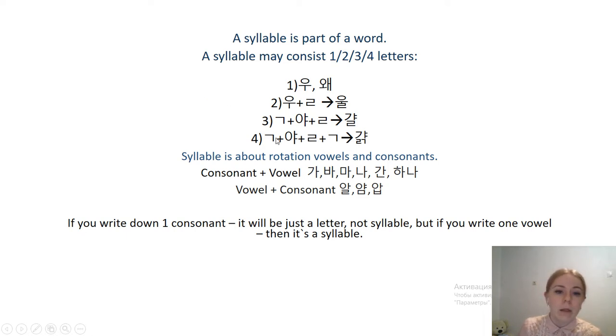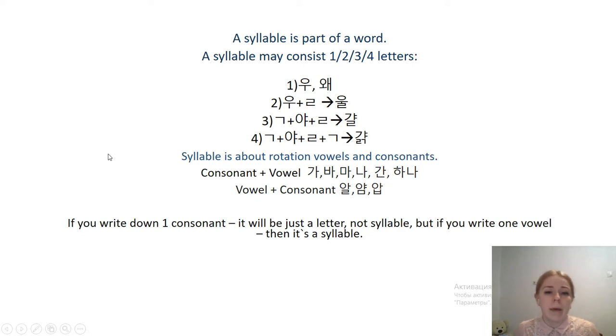So this example is the maximum amount of letters in one syllable. So k plus ya plus l, k. So we have kalk. We read it from left to right. K, ya. Then we go down to the bottom, and we read again from left to right. L and k. So we have one syllable, kalk.